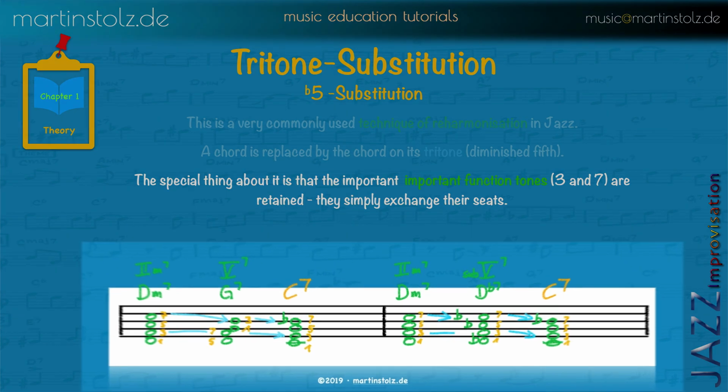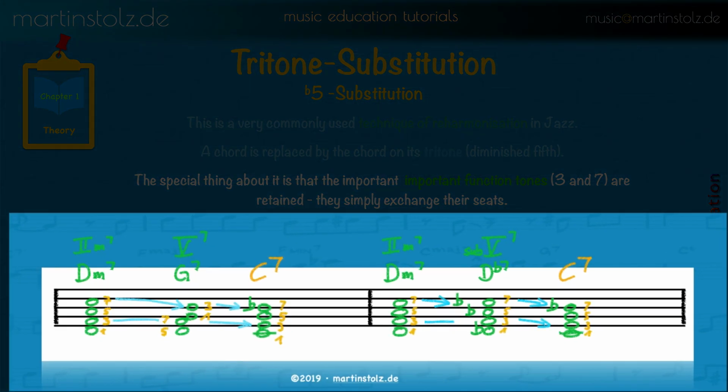So here we have 2 5 in C, and we have a 2 sub 5 in C. And as you can see, if you look at the numbers, the D minor 7 goes to the 3 of the G7, and this goes to the B flat of the C7, which is a leading line there.